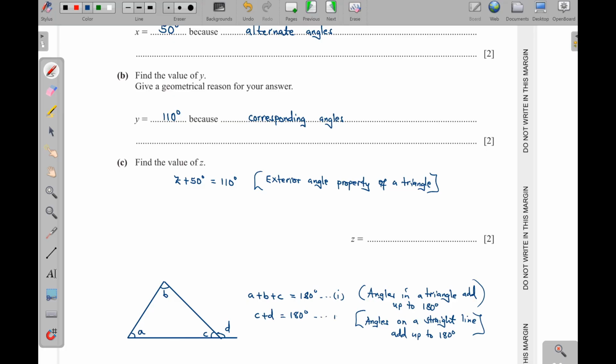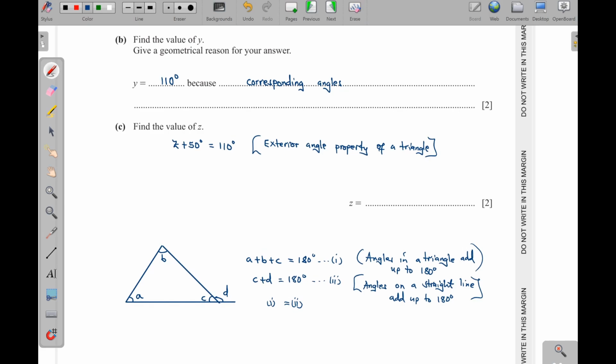So this means that equation 1 is equal to equation 2. Now, they are all equal to 180. So one side of 180 is A plus B plus C. Then in the other equation, it is C plus D. Now, what is common in both? It is the C. So when I cross the C's out, I'll get A plus B is equal to D.